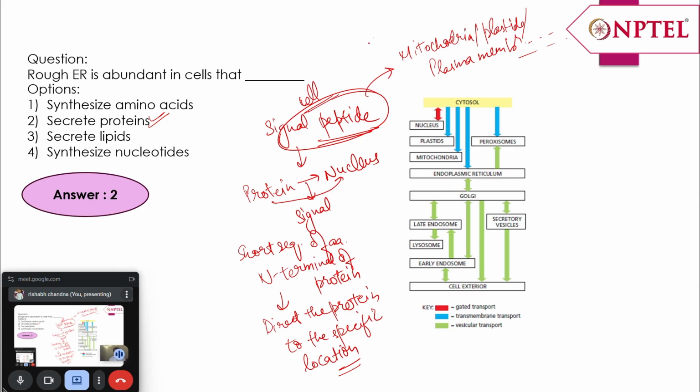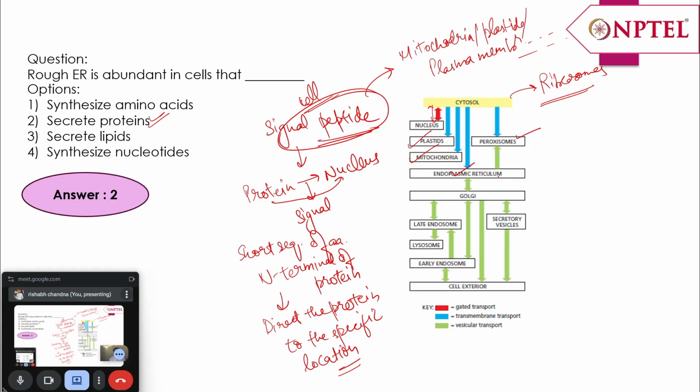Okay, so now whenever there is any secretory protein, there is a particular movement of the cargoes inside the cell. For example, as we told you, the ribosomes present in the cytoplasm produce proteins that move to the nucleus, plastids, mitochondria, peroxisomes, and the endoplasmic reticulum.